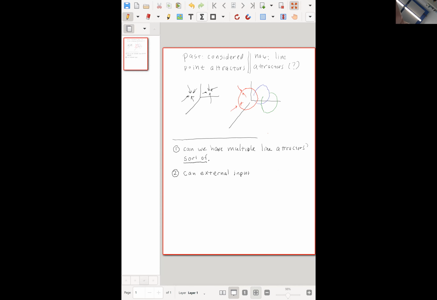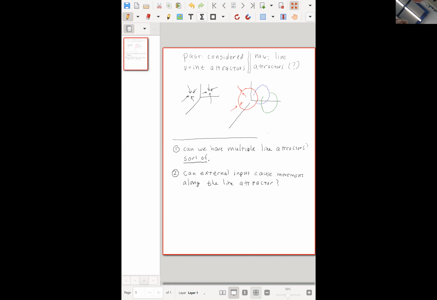Can external input cause movement along the line attractor? Along the line attractor. Okay, and that's pretty important.